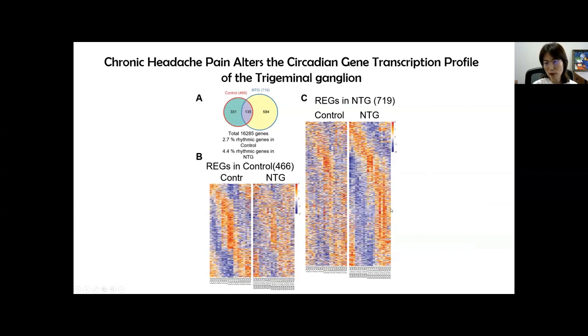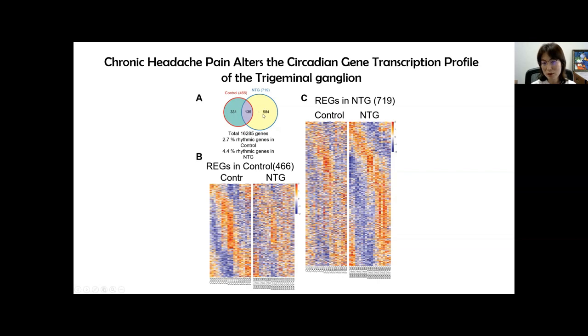And when we compare these cycling genes of control and then NTG treated mice, so the normal mice and then the headache model mice, interestingly, about 135 genes have the overlap, but these control cycling genes are not cycling in the NTG model.